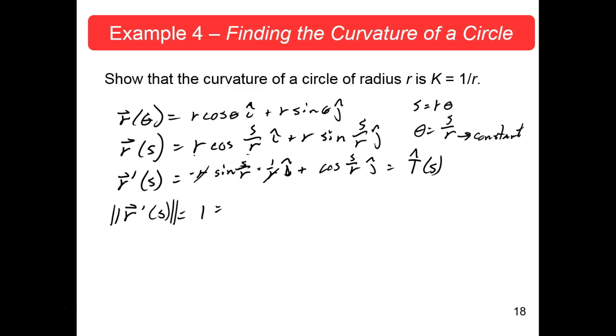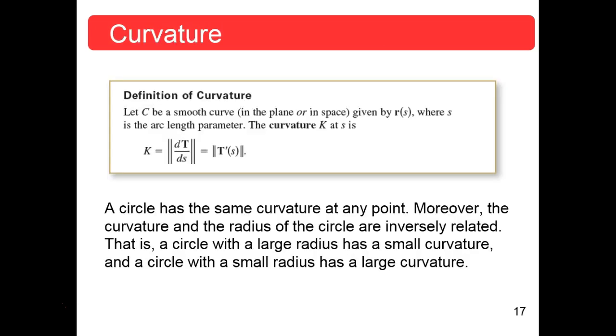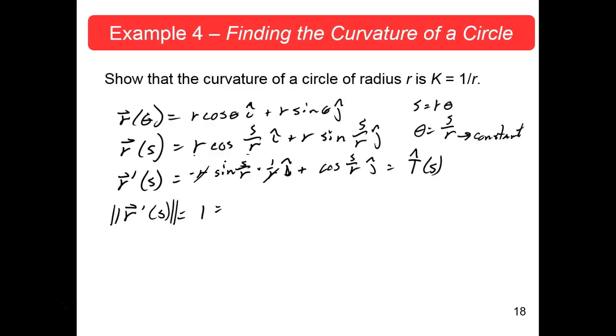Now, here's where I meant to turn back to the previous slide. What do we have to do for that then? Take its derivative and then take the magnitude of it. So let's take the derivative of t prime. And what would that be?